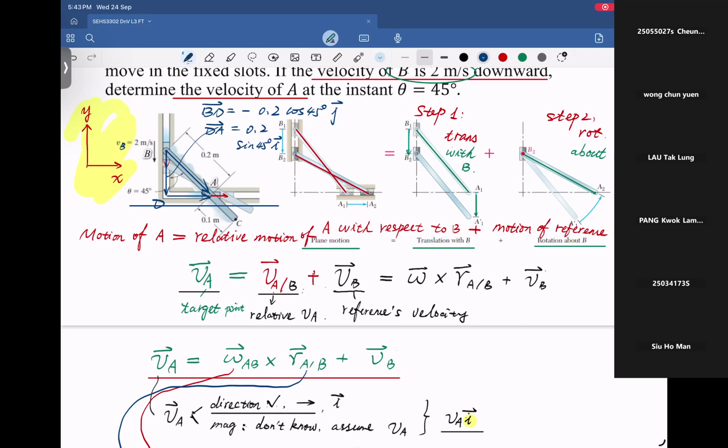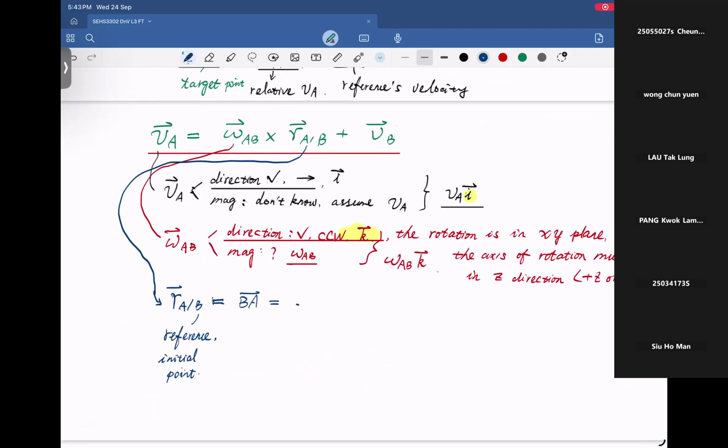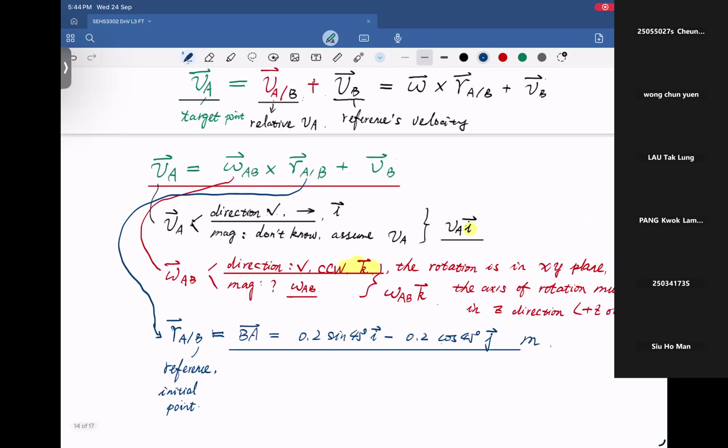So finally, we have BA is positive 0.2 sine 45 i minus 0.2 cosine 45 j. So we know everything about BA, right? Then it's in meters.